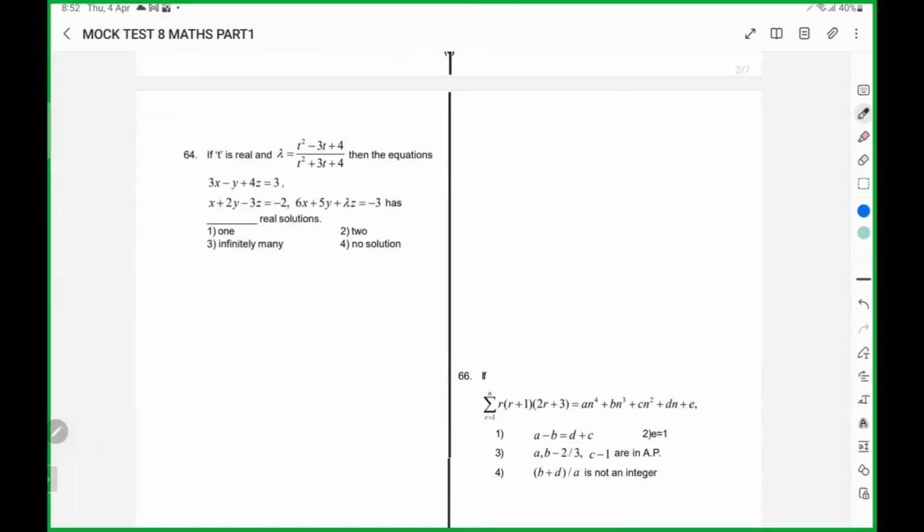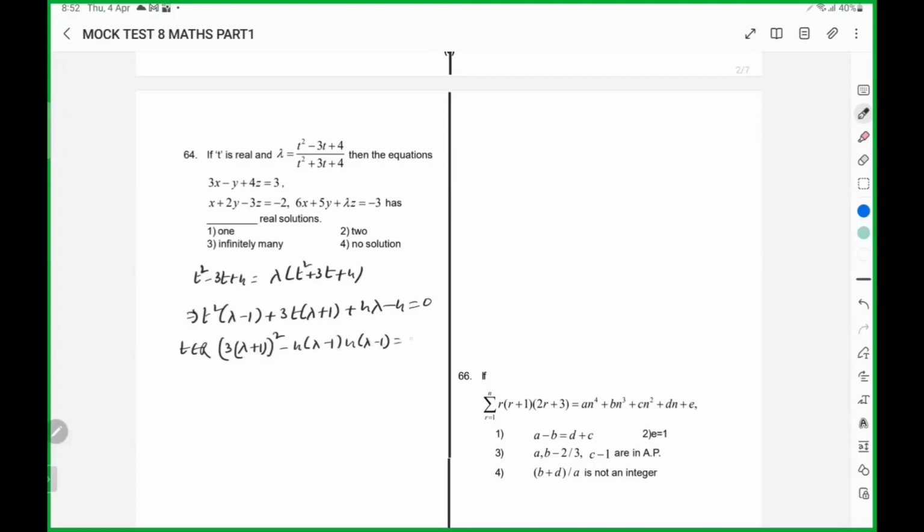64th one, t is real. Then we have t square minus 3t plus 4 is lambda times this. We have t square into lambda minus 1 plus 3t into lambda plus 1 plus 4 lambda minus 4 equals 0. When t is real, 9 times lambda plus 1 whole square is greater than 4 times lambda minus 1 into 4 times lambda minus 1 whole square.